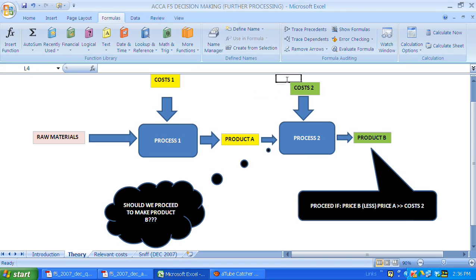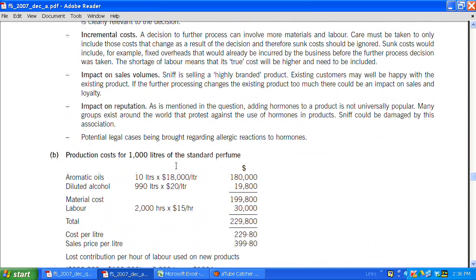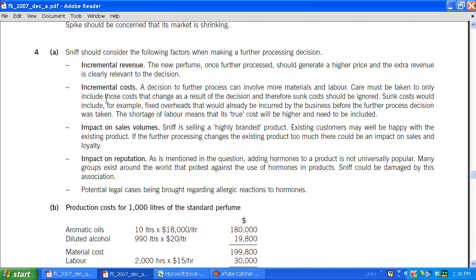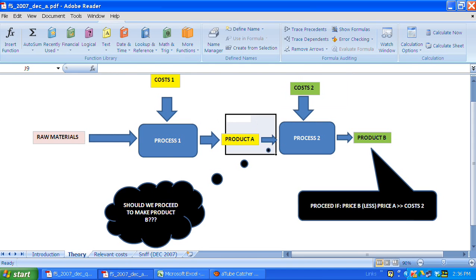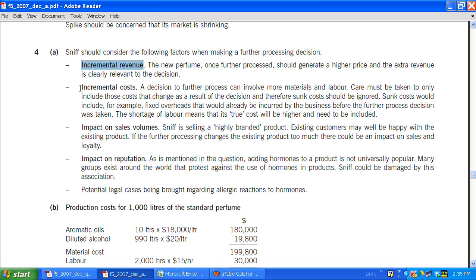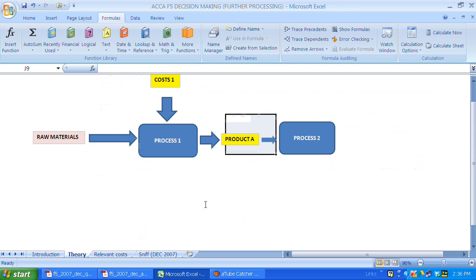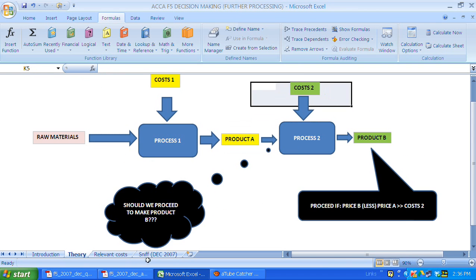The first is the costs. Our costs should not exceed the incremental revenue. A quick look at the answer will reveal those facts. So the incremental revenue, which is the price of B less the price of C. We also have to consider the incremental costs.